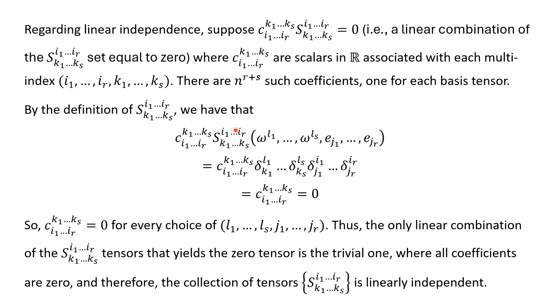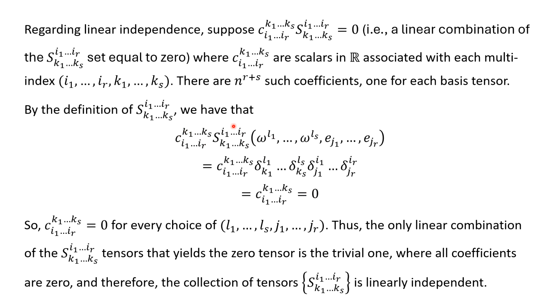To do that, we'll take a sequence of basis vectors from the dual of V and V, this here, and we'll apply both sides of this equation to this set. Now, when we apply the zero tensor to this sequence, we're going to get 0.